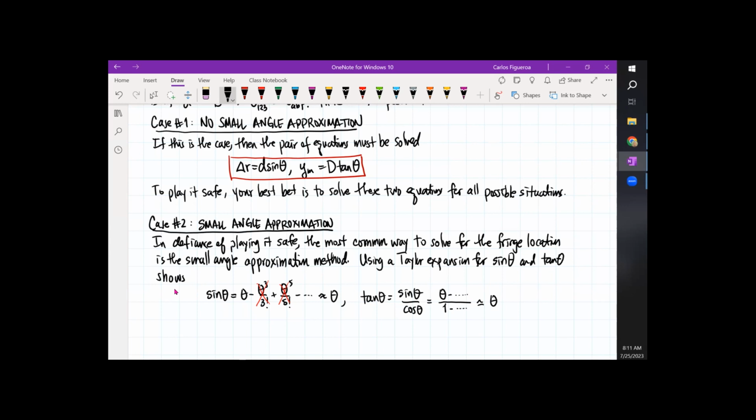In other words, we can equate sine of theta to tan of theta, which is also equal to theta, for a small angle approximation.